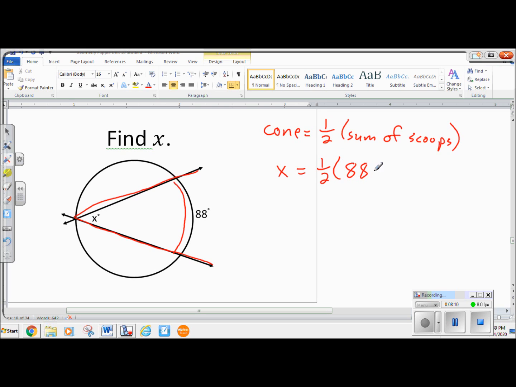The other scoop, since this intersects exactly on the circle, is 0 degrees, since there's no arc right there, it's just a point. So that sum of scoops will be 88 plus 0. X equals half of 88, which is 44. So when the lines intersect on the circle, the vertical angle scoop is going to be 0 degrees.